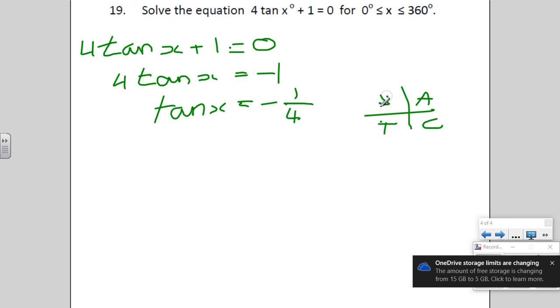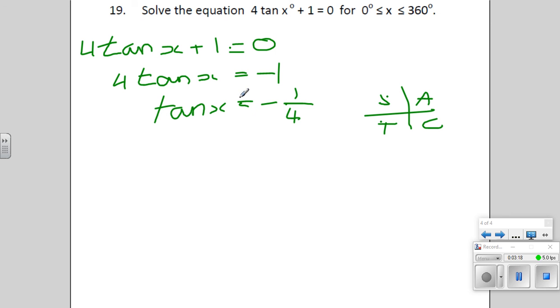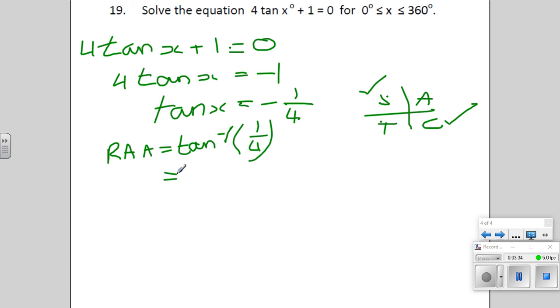Okay, so cast diagram says that I want tan x to be when it is negative, which happens in the sine quadrant and in the cos quadrant. So I'm going to get my related acute angle by doing tan inverse of a quarter, remembering to never ever stick that negative in the calculator, and I come out with, as my answer, 14.04.